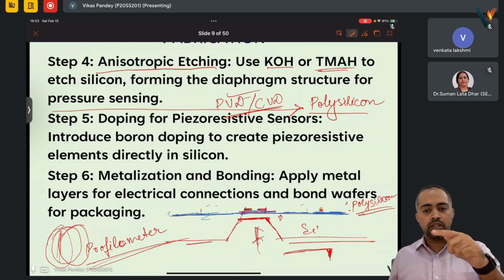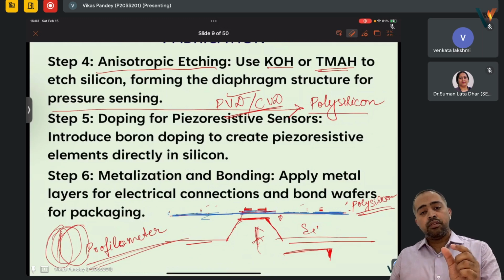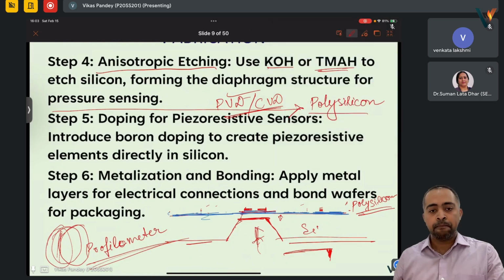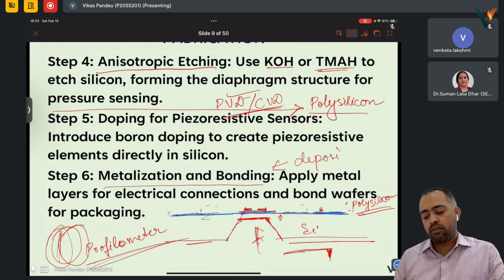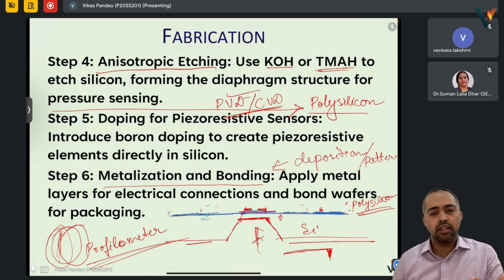We will have four resistive structures on the top, so now we have silicon resistances being formed there. Then the next step is metallization and bonding. Again, that will involve deposition and patterning. So in this process itself, three times we have seen patterning, with different processes in between, and patterning in all these cases is done using lithography.